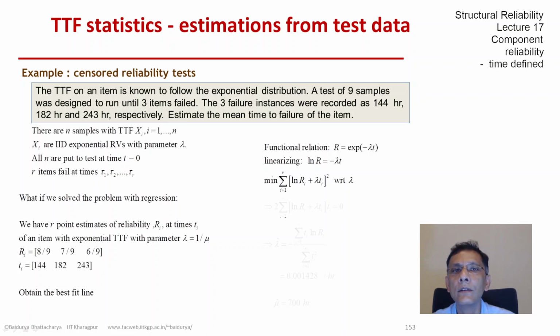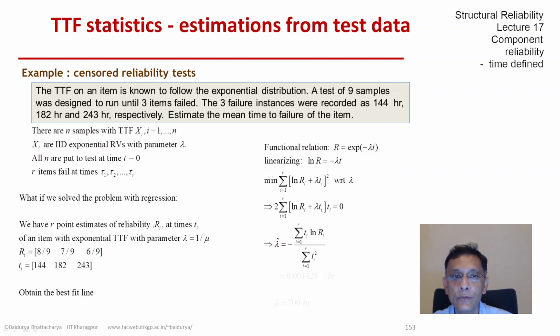So now we are in familiar territory. We can get the expression which leads to this minimization, and it turns out that the estimated lambda would be the ratio of the sum of t log r over the sum of t squared.